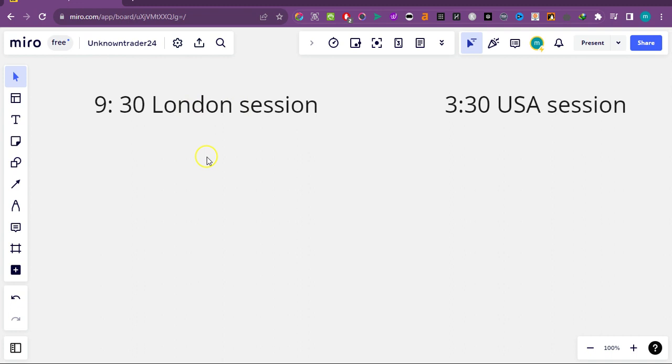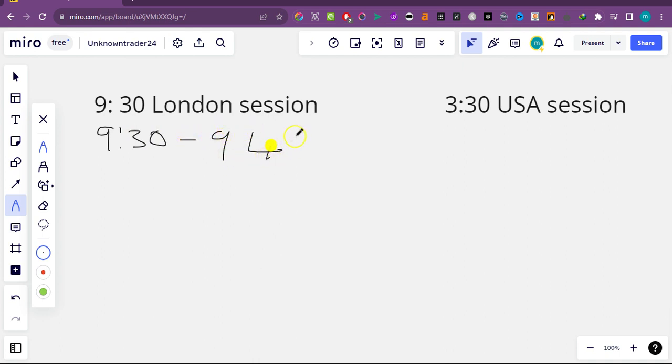So when we talk about a brings trade, we are looking at the candles that open, using South African time, at 9:30 and close at 9:45.